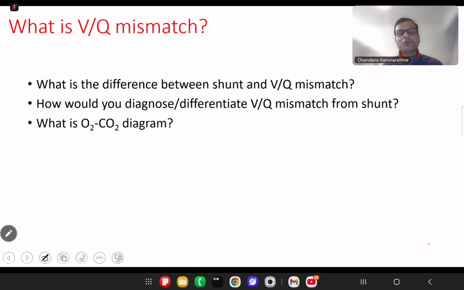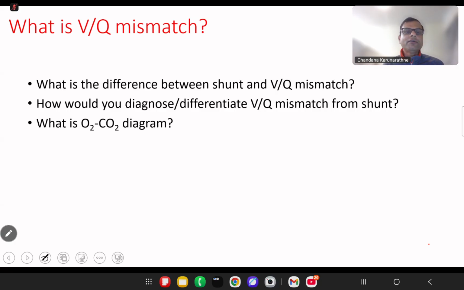So the blood goes through a portion of the lung where there is no ventilation happening, so there is no gas exchange, and you get deoxygenated blood heading into the arterial side. In VQ mismatch, all the alveoli are getting ventilated and perfused, but there is a mismatch of VQ ratios. That is the answer. Very good.